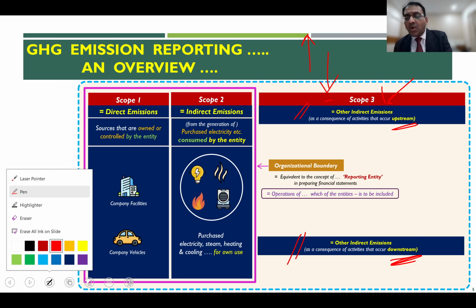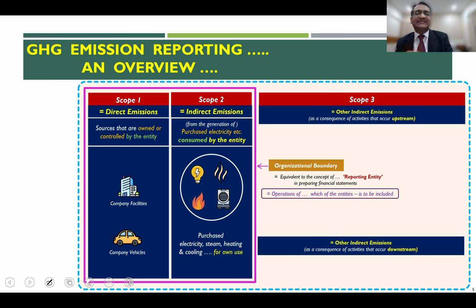Now, what are these? The simplest example: let us say the reporting entity is a dealer in chemicals. For that entity, the upstream value chain could be, say, the manufacturer of the chemicals. The emissions happening at this chemical manufacturer level will fall within scope 3 upstream emission.